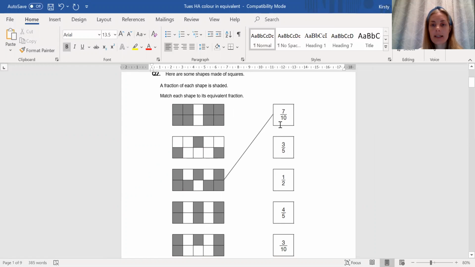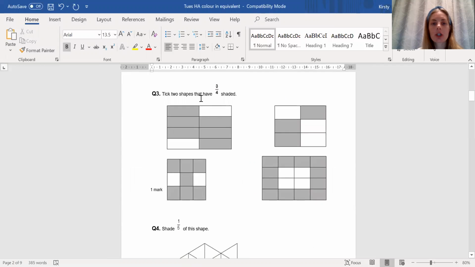Now there is no 8/10, but is there a number that I can make an equivalent fraction with that would equal the same amount? 8/10 is equal to 4/5. So I would then match up those. If it's easier for you, you can always write a little letter next to it, and then on your piece of paper say, if this is A, then A equals 4/5, B equals, and then you go and see if you can match those up for me.